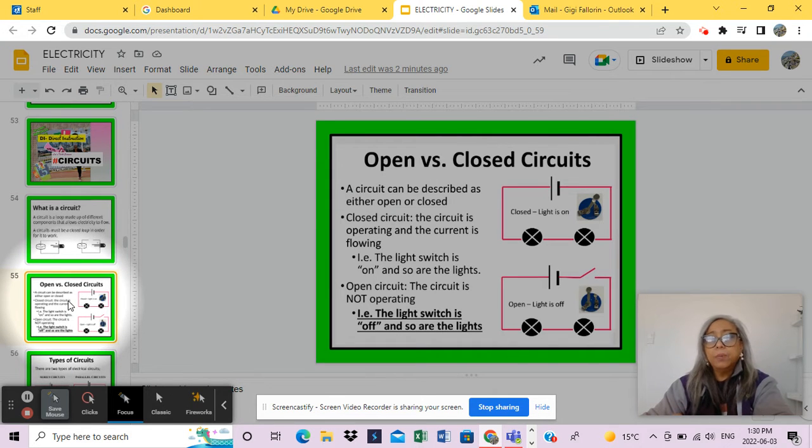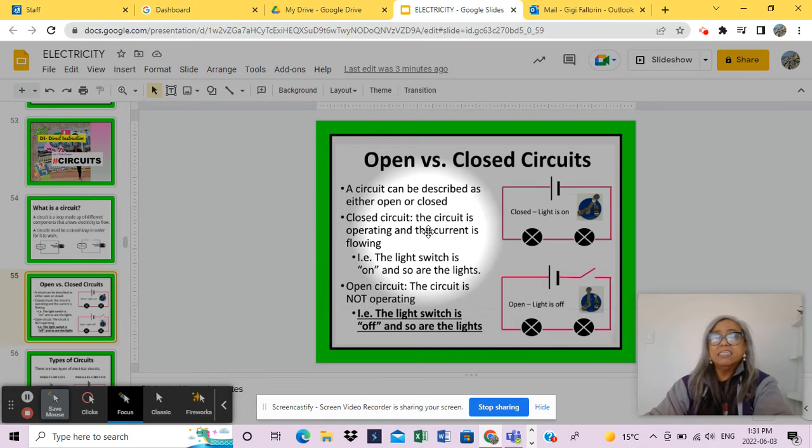And with circuits, we have the idea of open versus closed circuits. So, which is which? Obviously, this is closed, right? There's no break. And this is open, right? A circuit can be described as either open or closed, as the case may be.